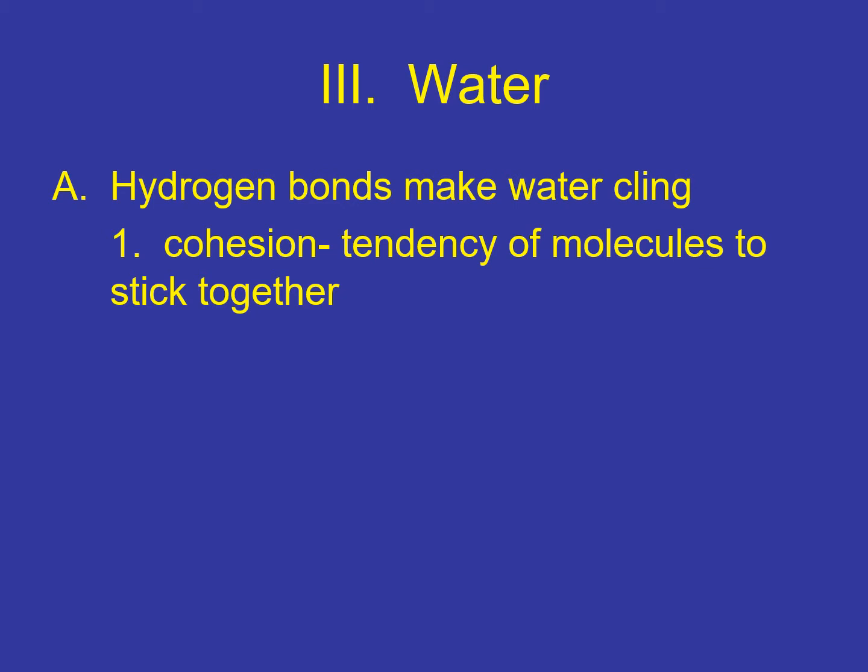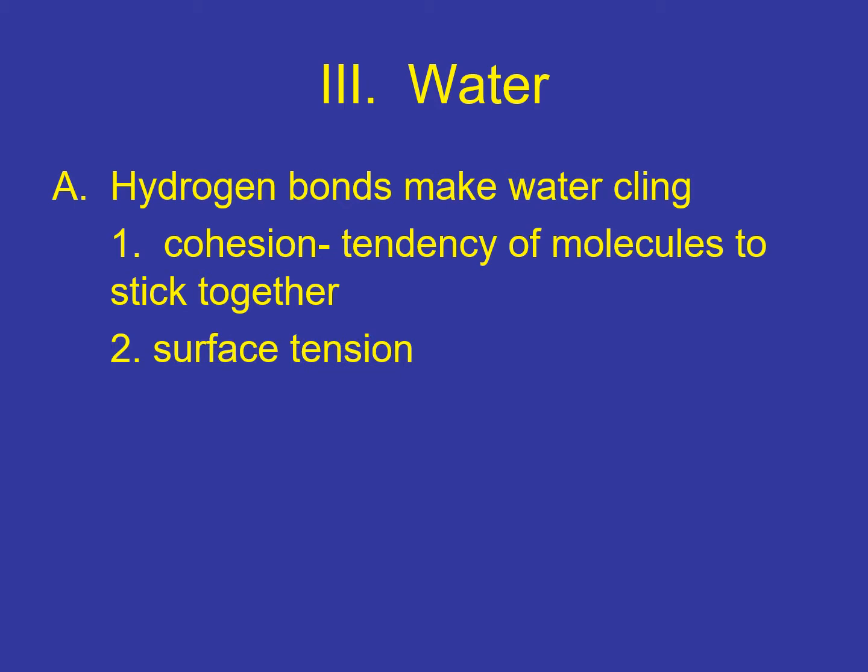Water is cohesive. Because water molecules stick together, a volume of water tends to act as a unit. And the smaller that volume of water, the more cohesive it is, and the more important that property becomes.